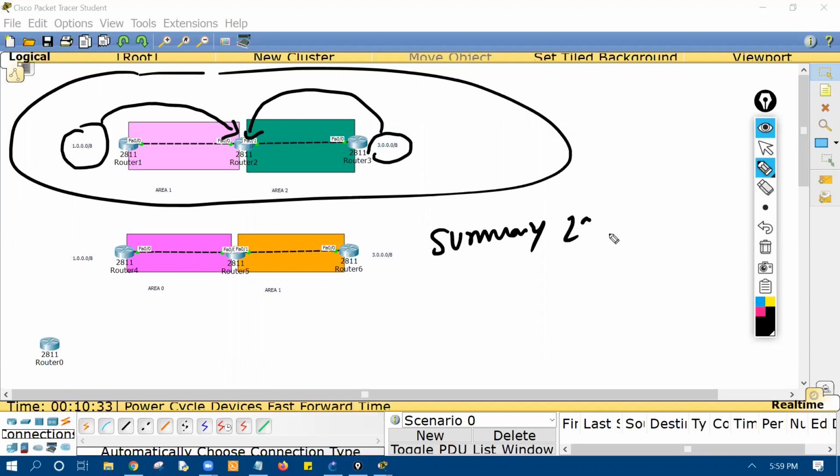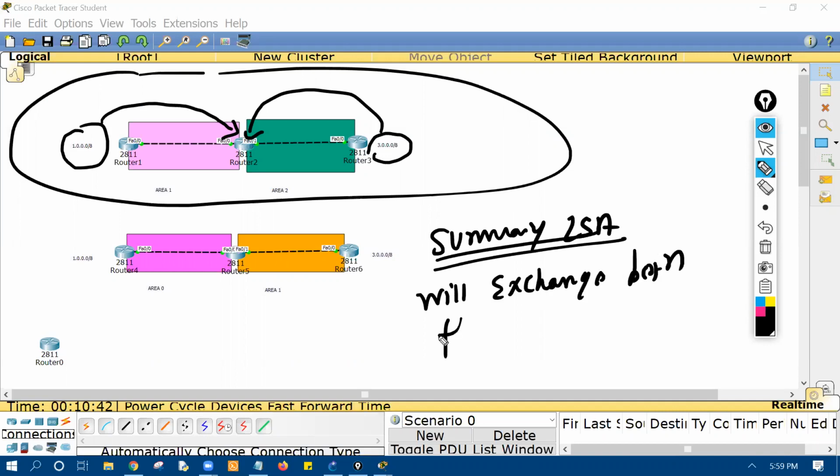Only the summary LSA will be exchanged between the areas.